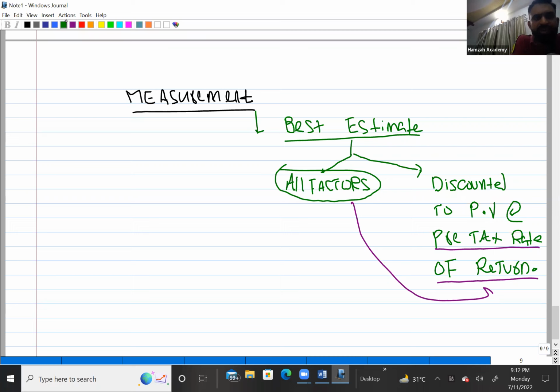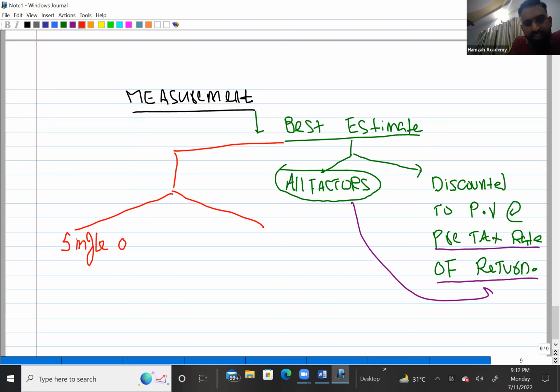And when we will be measuring the provision in which we are making the best estimate, we have two scenarios. Number one, we might be facing a scenario in which there is only a single outcome. Single outcome means, like, a court case is an example of single outcome.